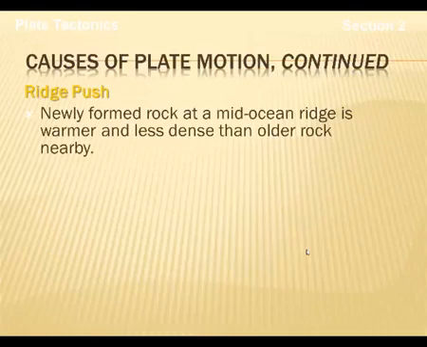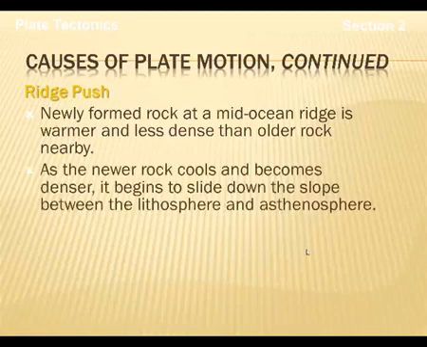Ridge push. So going back to this process of uneven heating, newly formed rock at the mid-ocean ridge is warmer. Because it's warmer, it's less dense. As that rock cools, it becomes denser. As it becomes denser, it begins to slide down the slope that is created at the mid-ocean ridge.